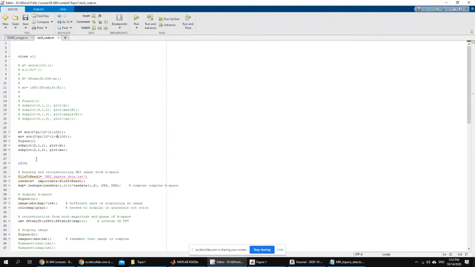Here in this part of the exercise, what we are going to do is use the original data that looks okay. We're going to try different things so that we can understand how the Fourier transform works, how sampling is supposed to be, and also the value of the frequency domain magnitude and phase.